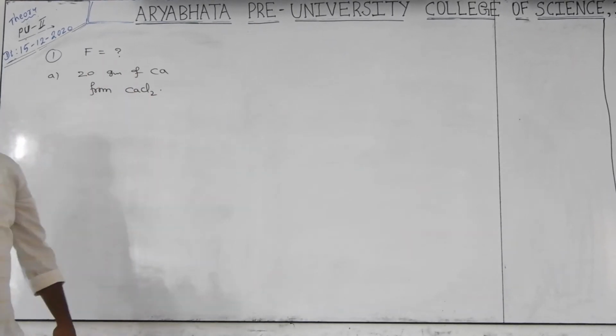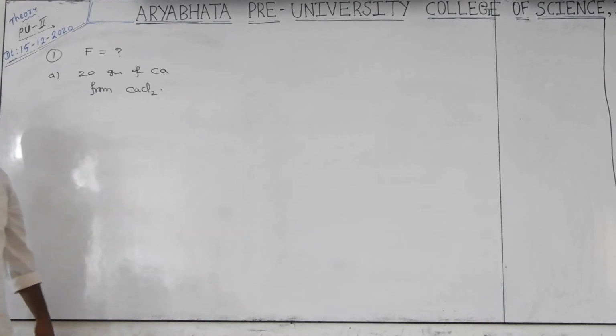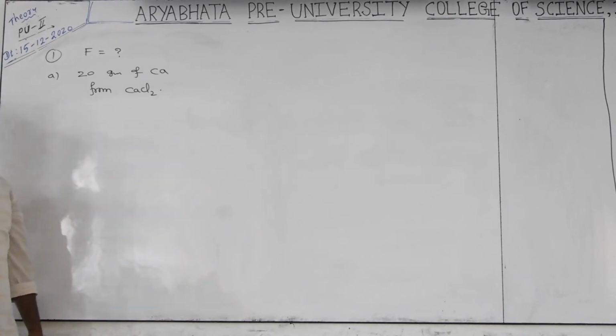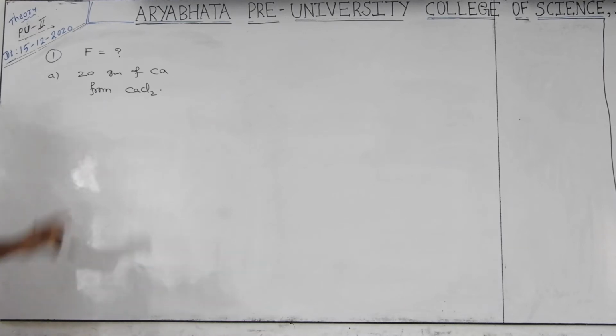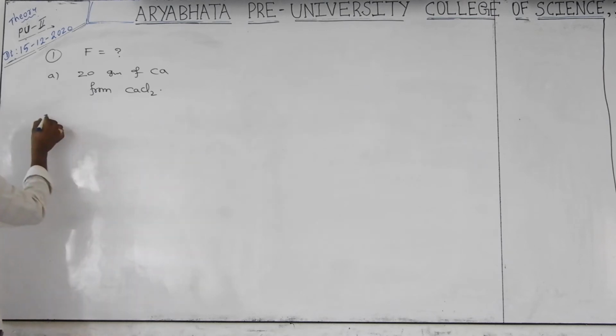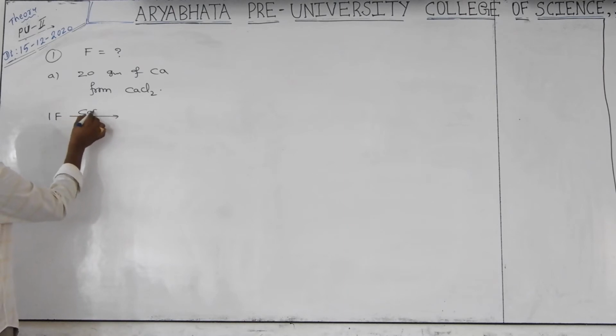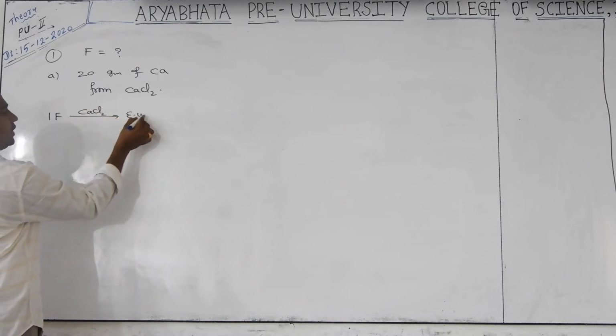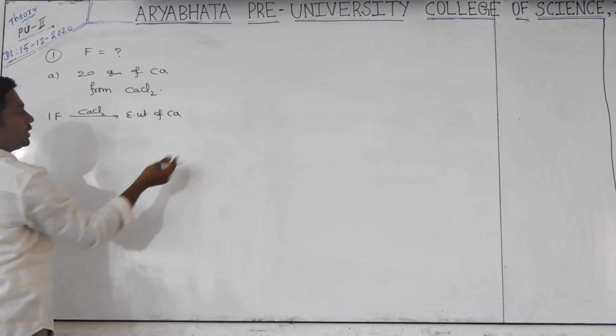I told already in the Faraday's first class, in the second law, one final conclusion. Sending 1 Faraday of current through calcium chloride solution, we get the equivalent weight of calcium. That's the answer.